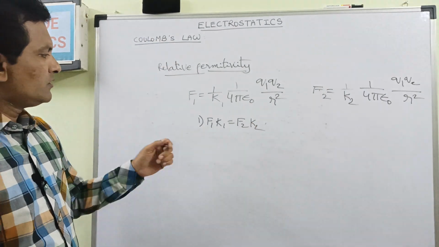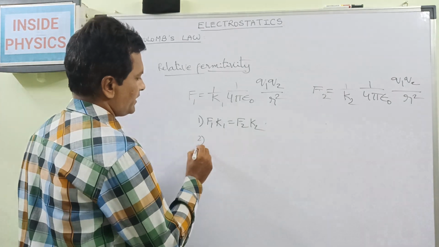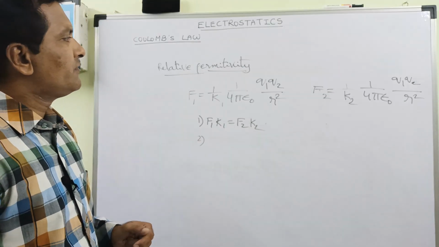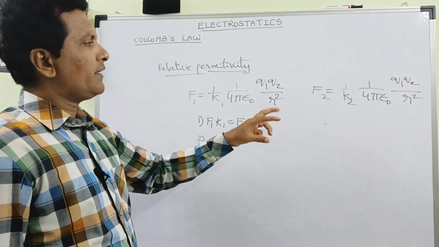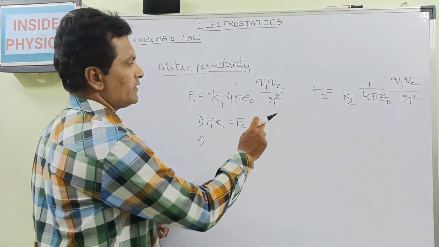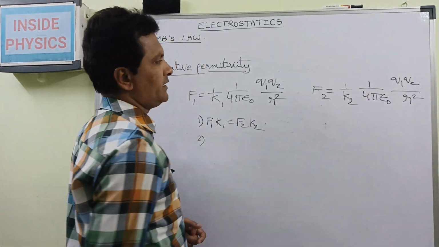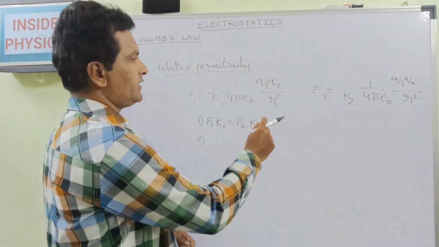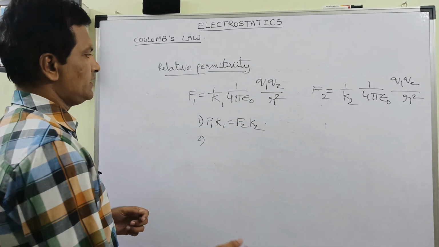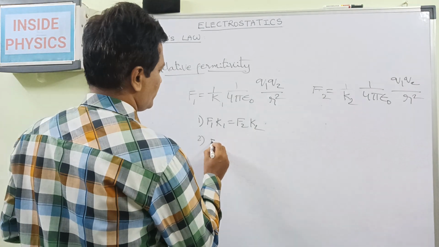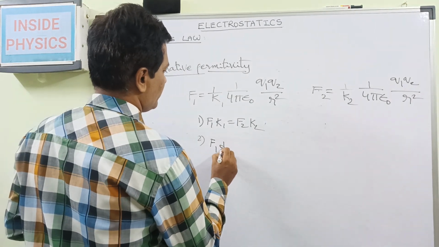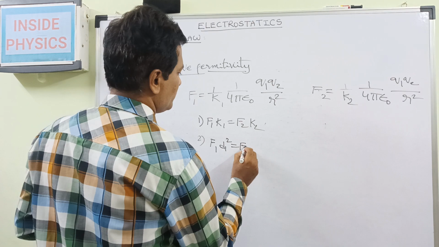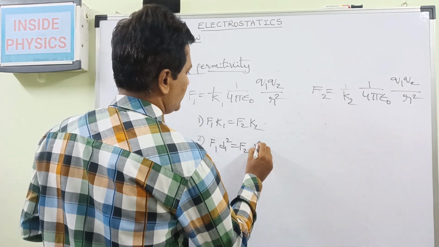Okay, and the second implication: if these two charges are put in the same medium with different distances between them, then this equation we can write: F1 d1 square is equal to F2 d2 square.